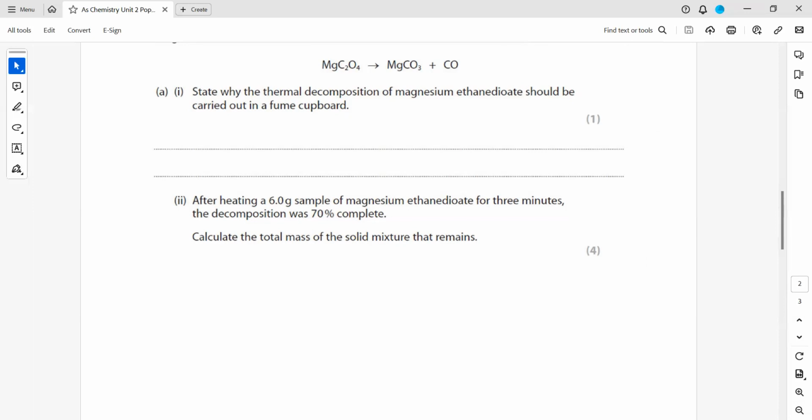So first we'll find the total mass of magnesium ethanedioate, and using a ratio, we work out how much magnesium carbonate will be there, and only 70% will be decomposed of the total. So we'll just take the ratio of the mass.